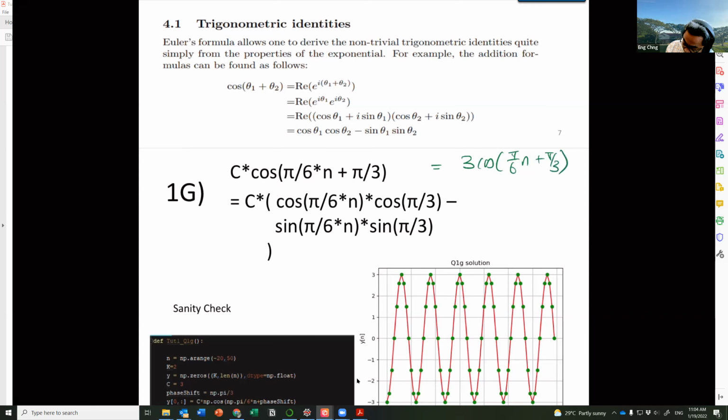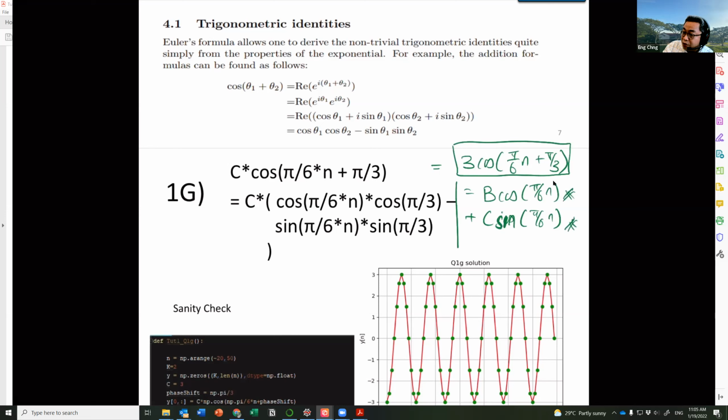And we want to find what it equals in terms of b cosine pi over 6n plus c sine pi over 6n. So that's the question: decompose the original equation into a sum of cosine and sine without phase shift, but in the same frequency. So the question is to find B and find C.